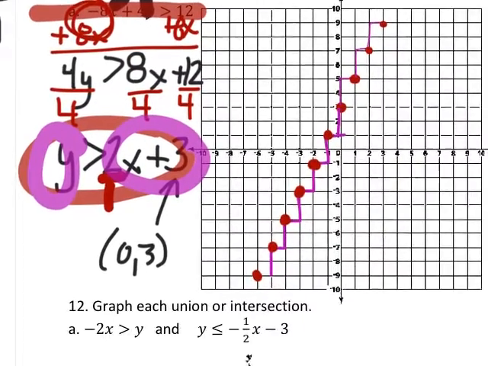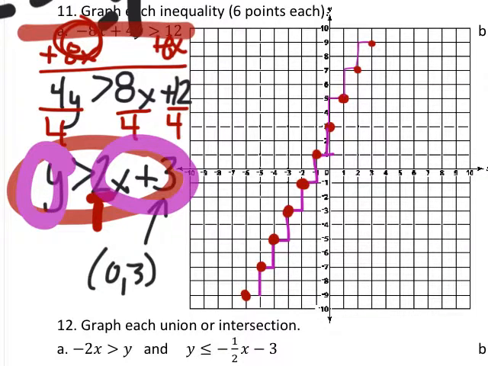So we'll graph this line, but since it's not equal, it's not a solid line, okay? I'm just going to make it dotted, and it's going to go straight through those points.